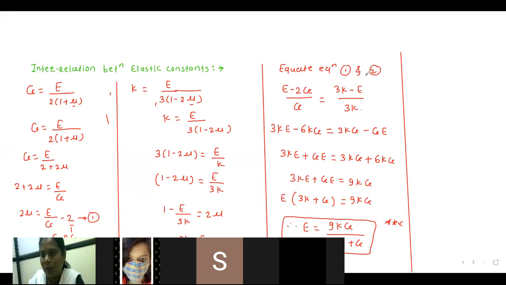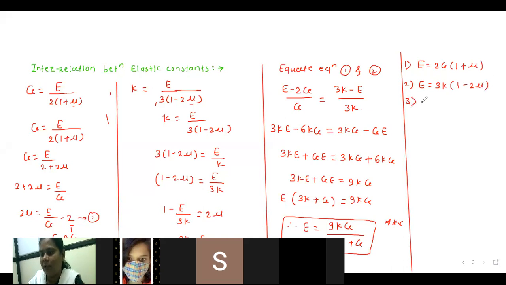When you are remembering all the equations, at that time, I will give one trick on how to remember the equations. So, first equation: E is equal to 2G(1 + mu). I have rearranged this equation in terms of E. Second equation: E is equal to 3K(1 - 2 mu).